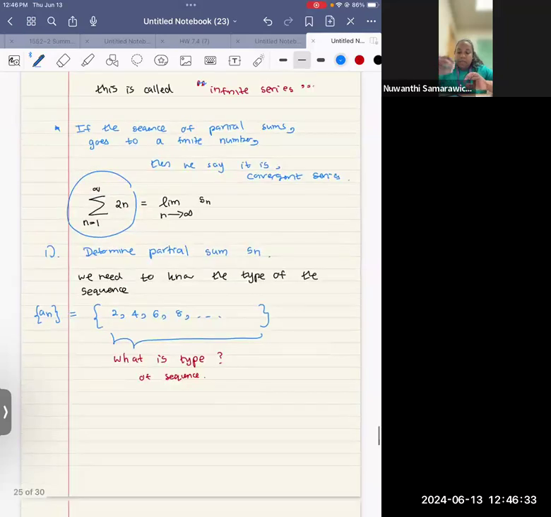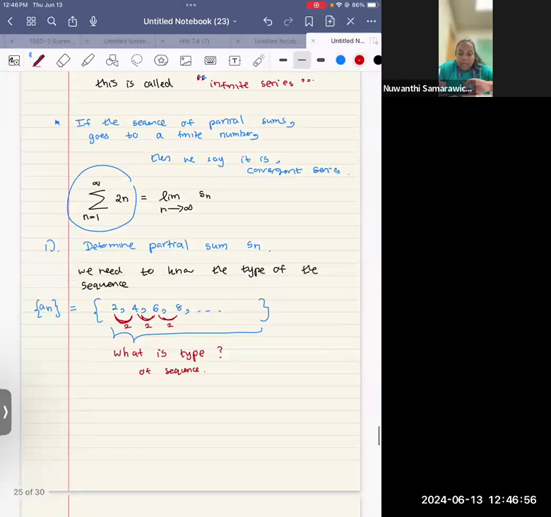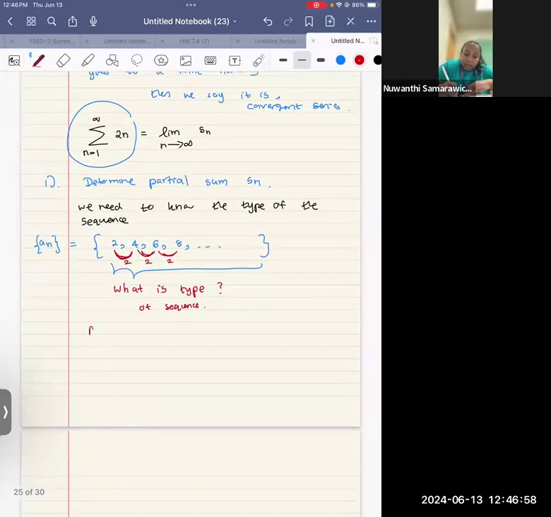Maybe you have learned this in high school or not. Here you see the difference of these two numbers is always 2, right? If you have the same difference, we call this sequence an arithmetic sequence.